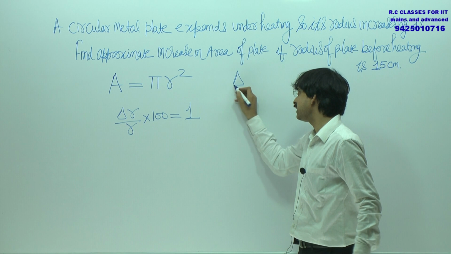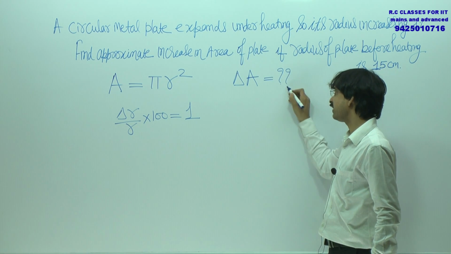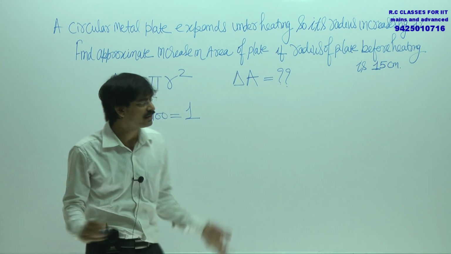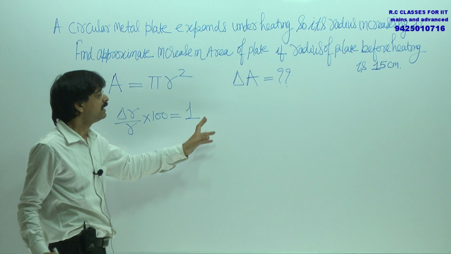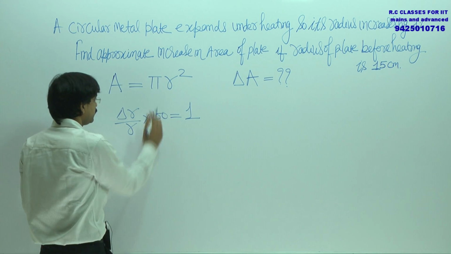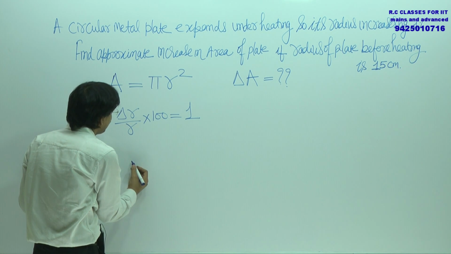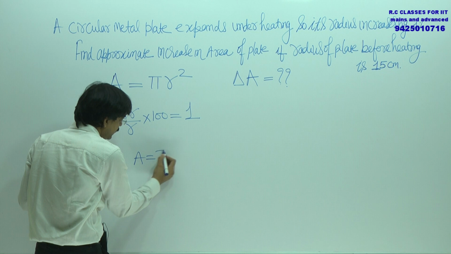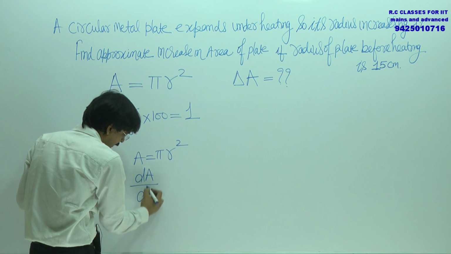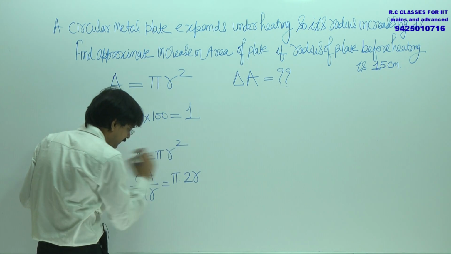Fine. An approximate increase in area of the plate is required. Approximate area change, that is nothing but delta A. That's our requirement. It's not in terms of percentage. If percentage is also asked, we can find out that percentage, but for now delta A is required. So area is pi r square. Again I write here, with respect to r we differentiate that.